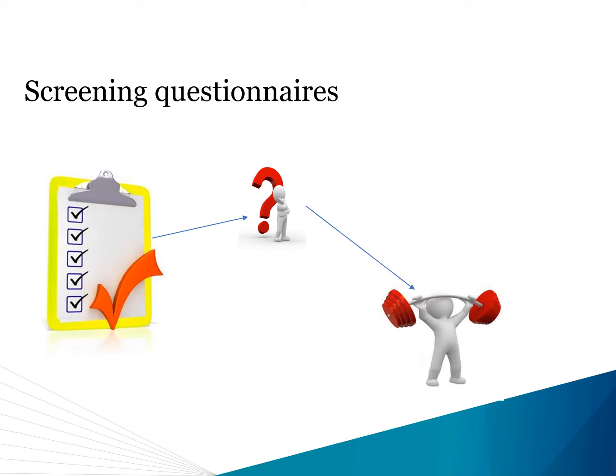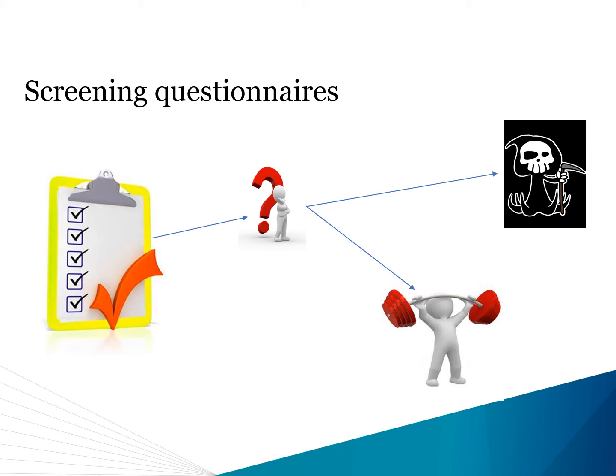For example, if they are going to be fit and well, or if they're going to potentially die. I mean, that's a dramatic example, really. Really, screening questionnaires are usually used to decide if someone has or has not got a particular condition. The point behind screening questionnaires is that they produce a dichotomized answer at a particular score. And of course, what we need to know is whether that score is really meaningful.